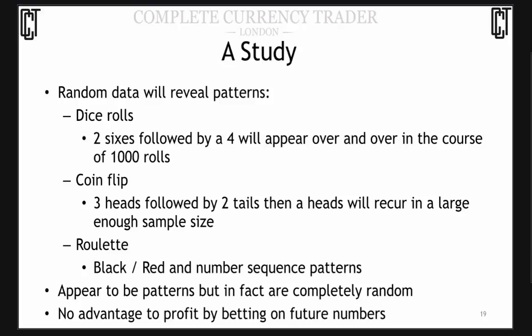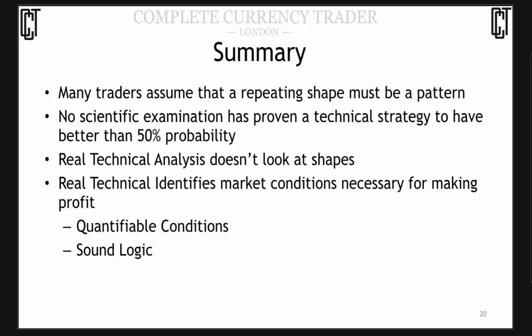There's none, but we think there is because we're wired that way. So it's important to realize that and think about that next time you're in the marketplace. Technical analysis, looking at chart patterns, is nothing more than random detail. We need to focus on the things that are actually quantifiable, known, repeatable facts about the marketplace that are going to offer us more opportunities for a positive outcome.